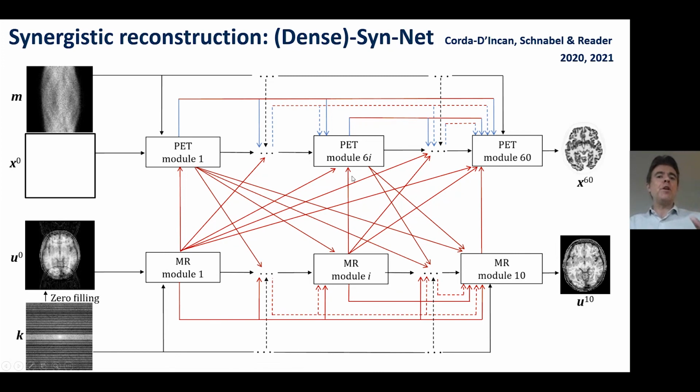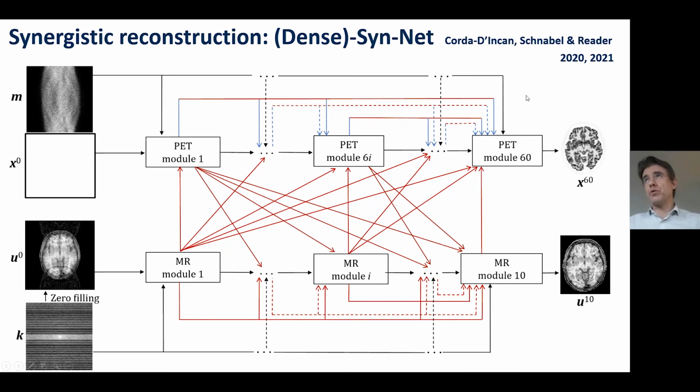Again, that's the key point. All we're doing is making suggestions to the network for each iterative update to say, well, at iteration 10, you might want to use iteration 2 of the PET. You might want to use iteration 4 of the flare reconstruction. The deep network learns what it needs to use to deliver the best possible image at any given update. So a very powerful concept.